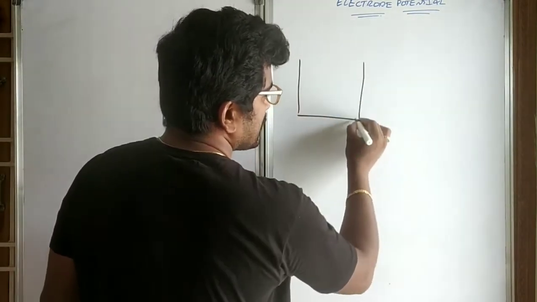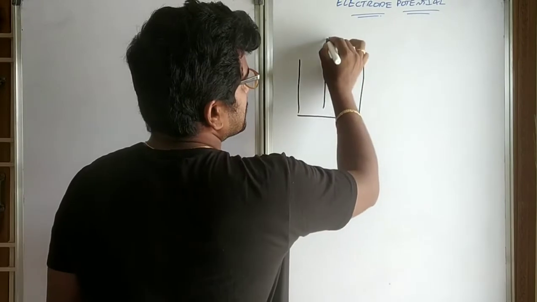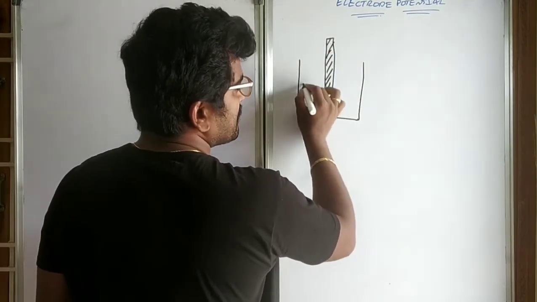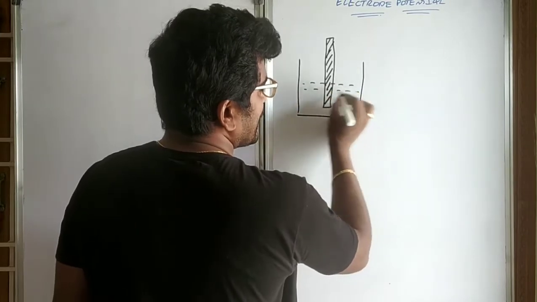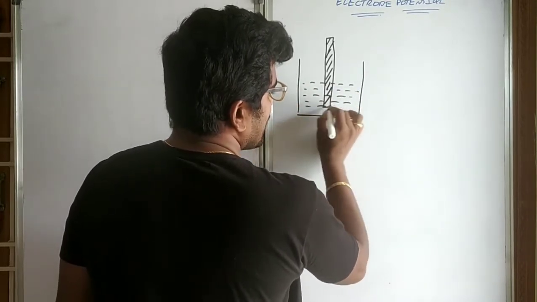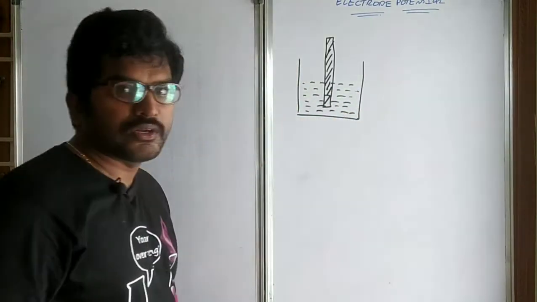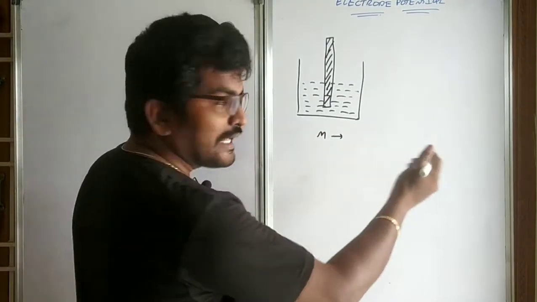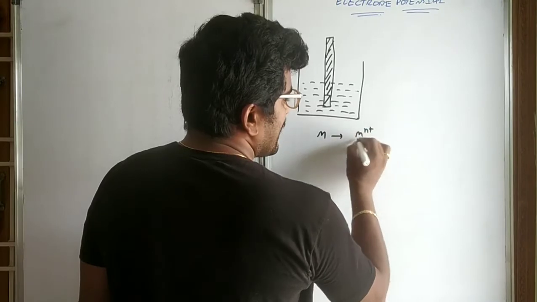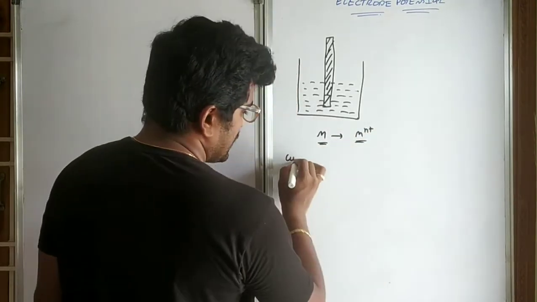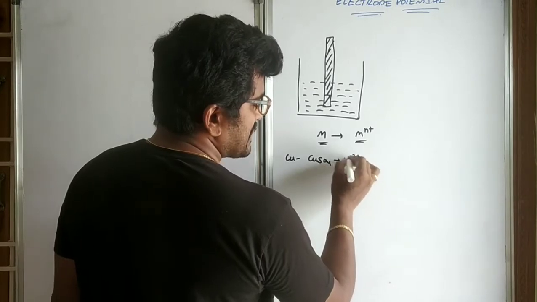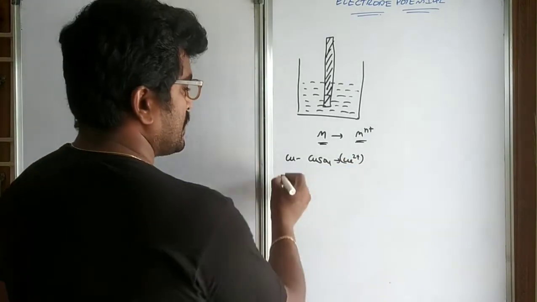Whenever you take a metal and you are dipping the metal in an electrolytic solution having the same metal ion, like copper dissolved in copper sulfate solution, which has Cu2+ ion.